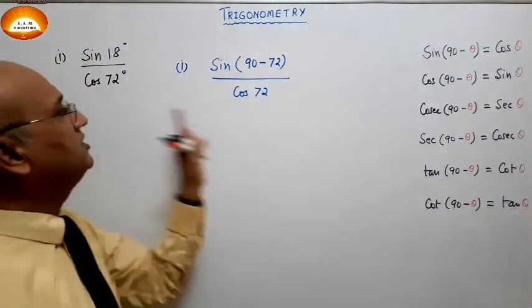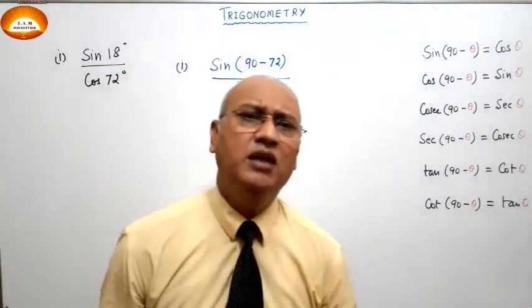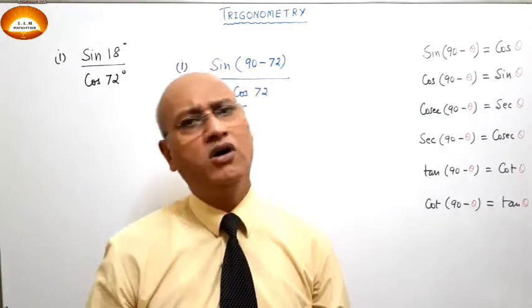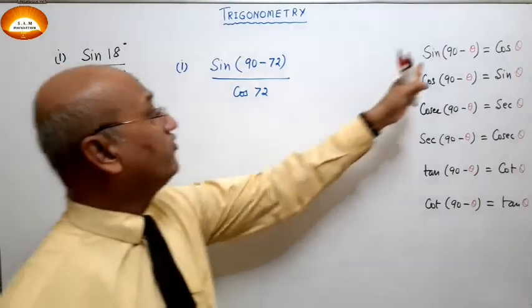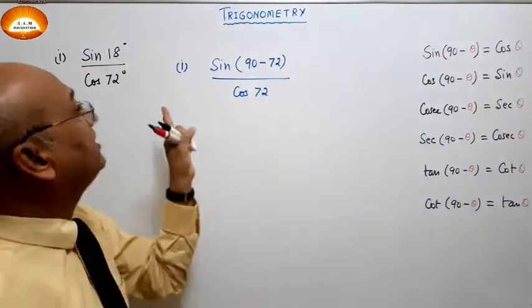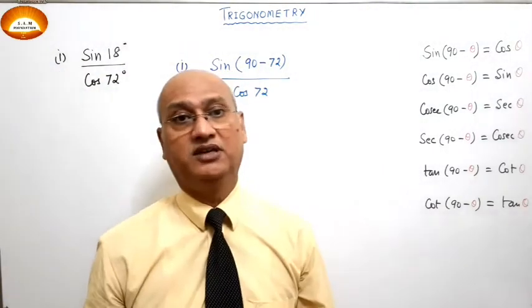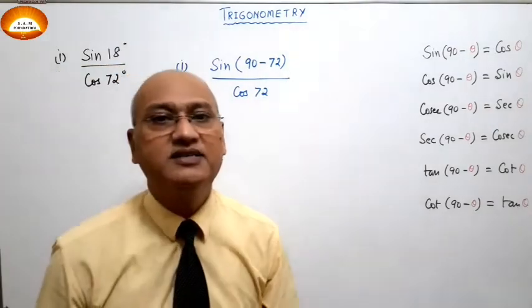I have not touched the denominator part. Now see, it is 18 degrees. Any number can be written as the sum or the difference of two numbers. Here all our formulas are in the form of 90 minus theta, so we have to change this angle into 90 minus something. So I have changed 18 as 90 minus 72.